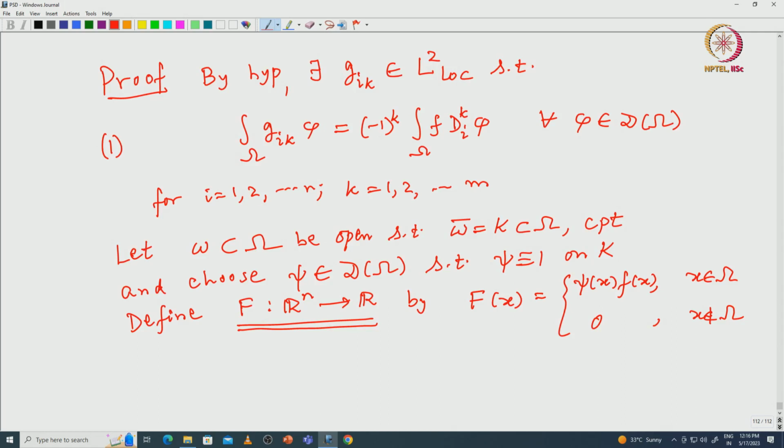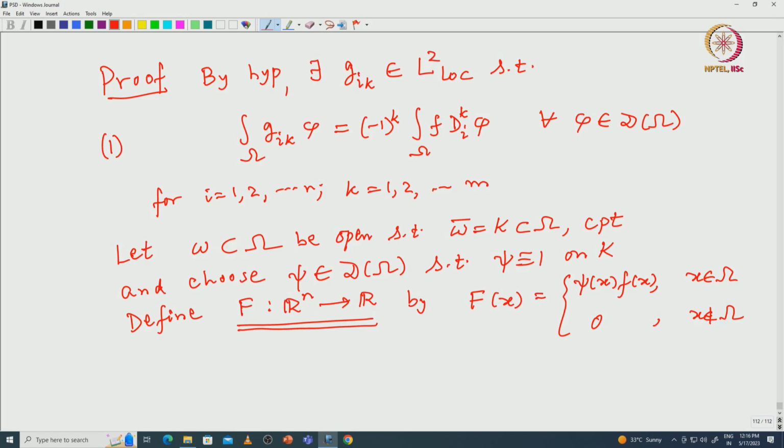So f is in L2 loc and psi has compact support. That means this F is in L2 of R^n, since F has compact support because psi has compact support.